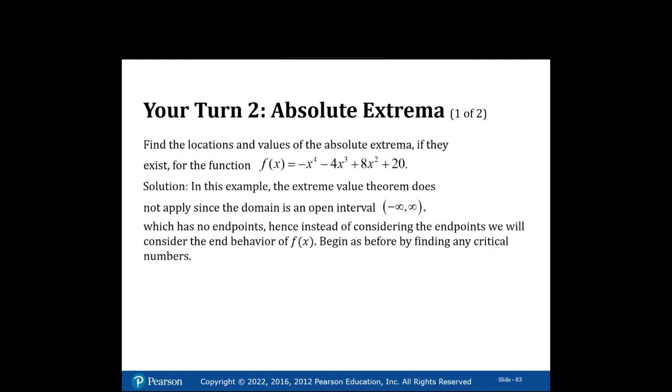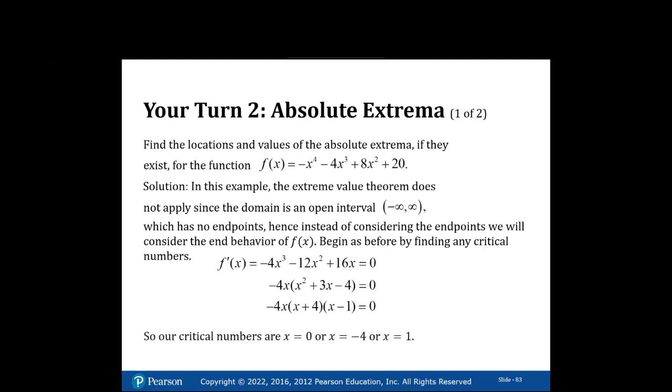Because I'm not checking endpoints, I'm checking end behavior, what happens as the graph goes to infinity and negative infinity. So first step is always find the first derivative, find the critical values. And here we get 0, -4, and 1. So now we have our critical values.